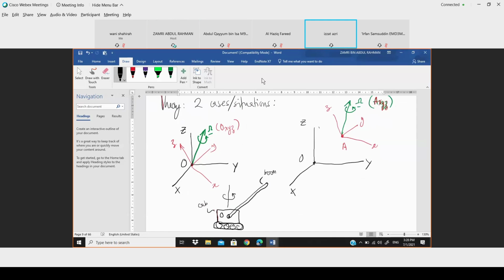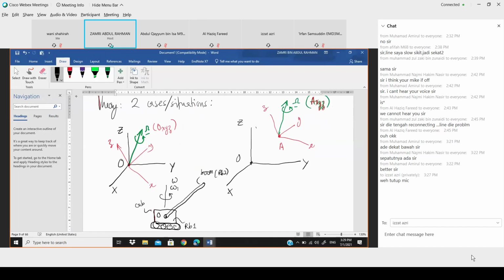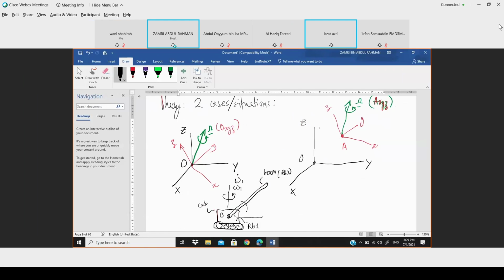So we may have, let's say, omega of the cab. Let's say we call this body number 1, or rigid body number 1, and the boom as our rigid body number 2. So we can denote this as omega 1, and the rate of change of that is omega 1 dot. And at the same time, we have this rotation of the boom, which we may denote as omega 2, and its rate of change is omega 2 dot.